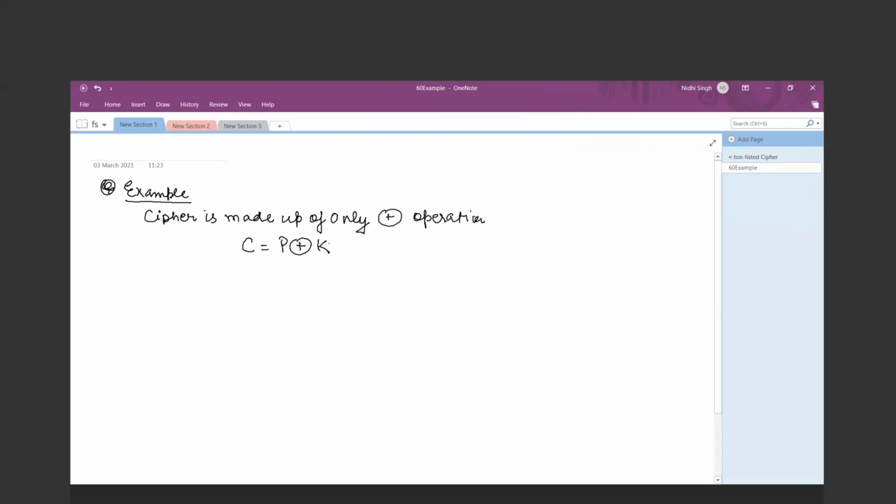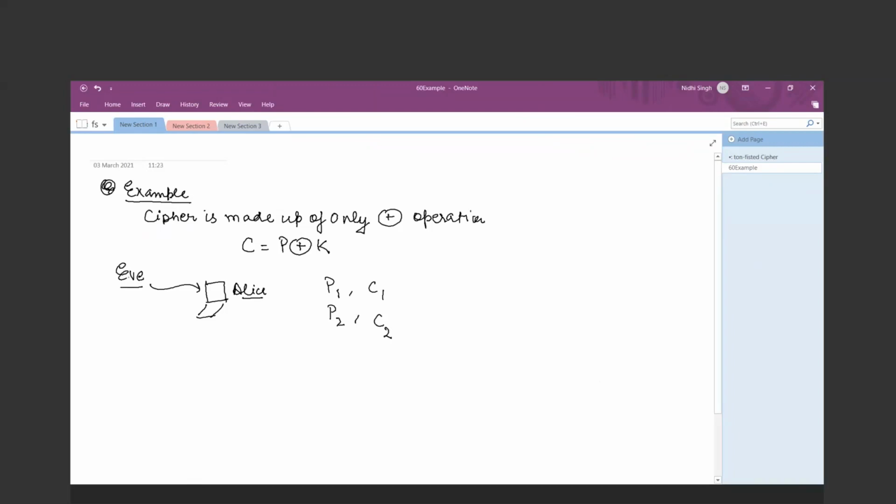Now suppose Eve, the attacker, has access to Alice's computer, that is the victim, and intercepts two plain texts. And the corresponding ciphertexts are intercepted by Eve by performing a man in the middle attack, or she got them from somewhere or they became public, okay? So now she has the pairs P1, C1 and P2, C2.